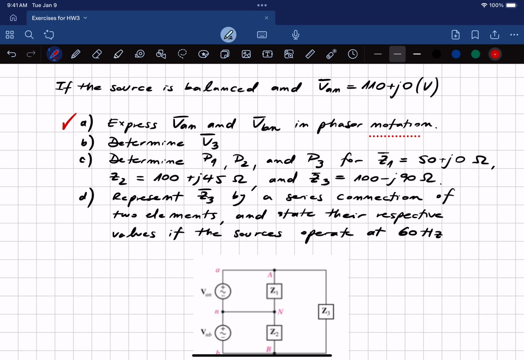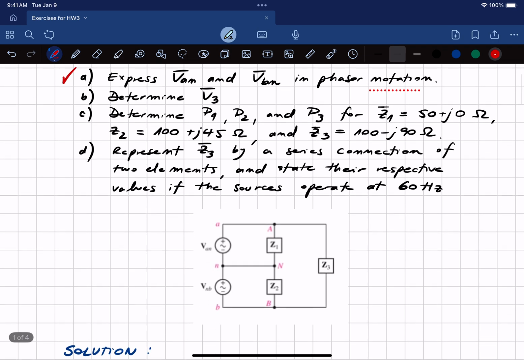First problem done. Second problem, determine V3. So what is V3? It's the voltage at the impedance Z3. First of all, we need to calculate this voltage. So let's call it V3, which in this case, if you notice, corresponds with VAB.